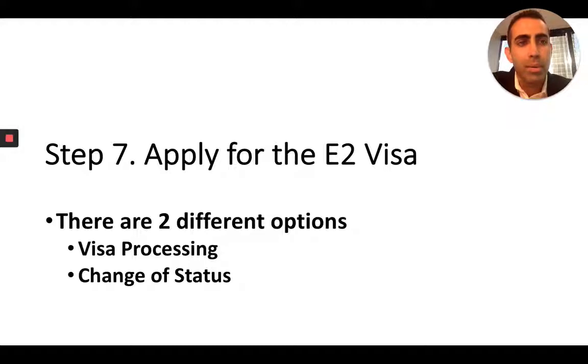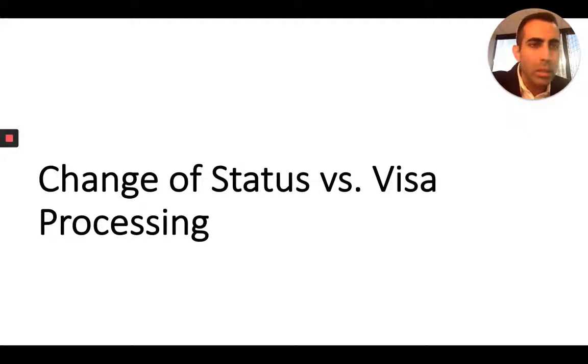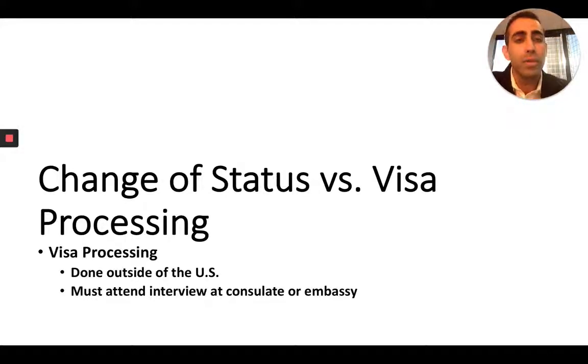Now, to apply for an E2 visa, there's two different options. You can either do visa processing or you can do a change of status. And without getting into too much detail, we'll really quickly address both of these options. So visa processing is done outside of the United States. It's typically done at a consulate or embassy, and most likely it will be done in the consulate or embassy of your home country.